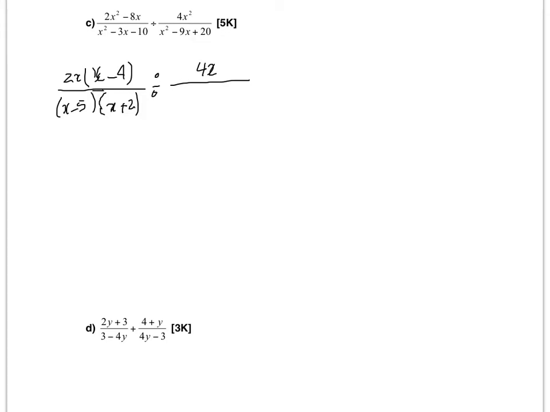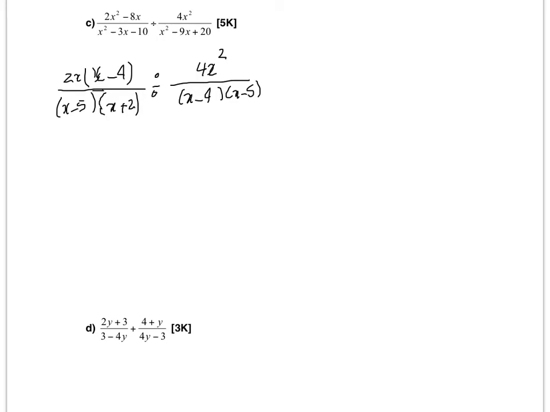I'm just going to leave it as 4x squared. Now for x squared minus 9x plus 20, the leading coefficient is 1, so find two numbers. Product is 20, add up to negative 9, and those two numbers are negative 4 and negative 5. So I'm going to write it as x minus 4, x minus 5.